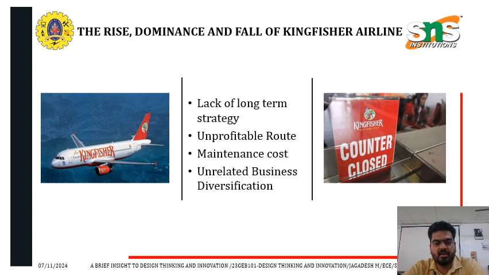The failure model for empathy is Kingfisher Airlines. They lacked a long-term strategy and had unprofitable routes, maintenance costs, and unreliable business diversification. These are some of the factors that were the reason for the failure of Kingfisher Airlines.